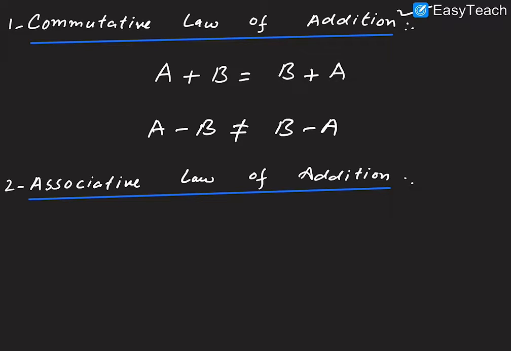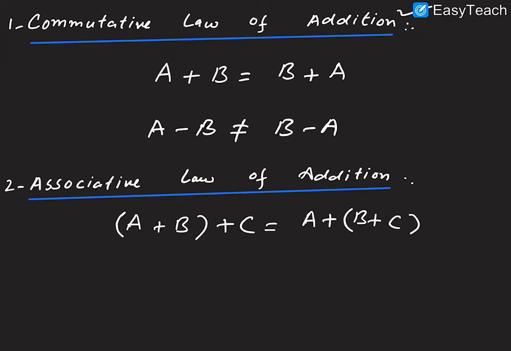Next is associative law of addition. In associative law, we must have three matrices of the same order. So say A, B and C are three matrices of the same order. Then (A plus B) plus C is equal to A plus (B plus C).